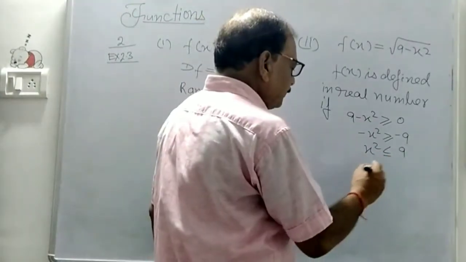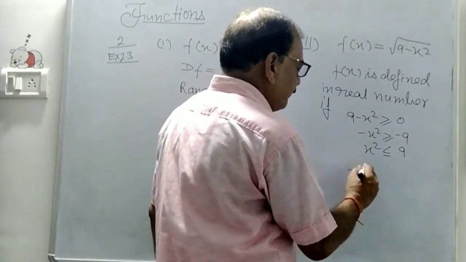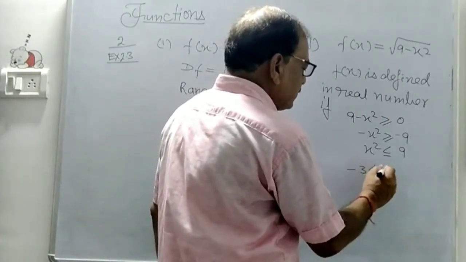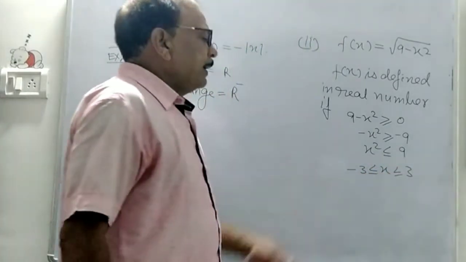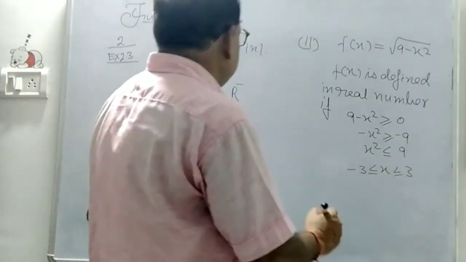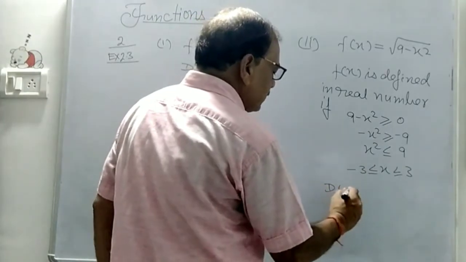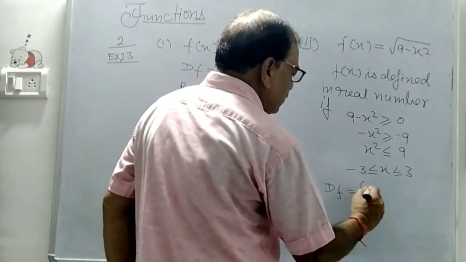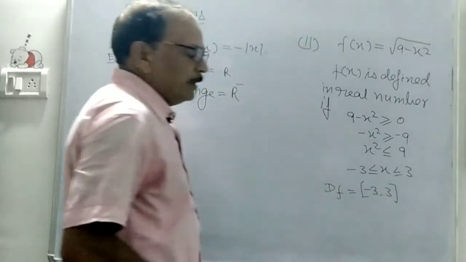So x lies between minus 3 and 3. The domain of the function f is the closed interval minus 3 to 3.